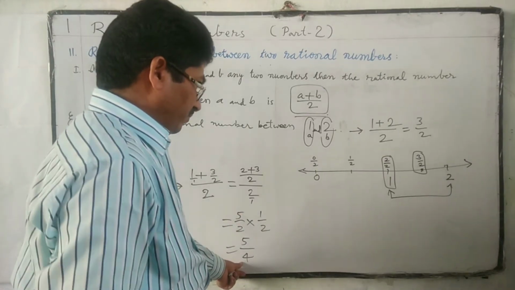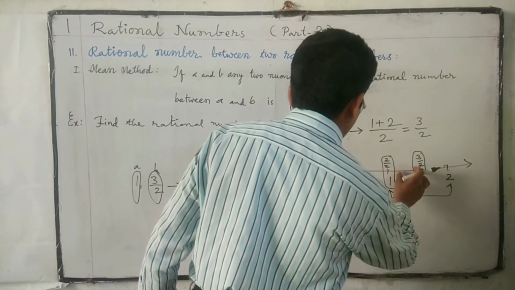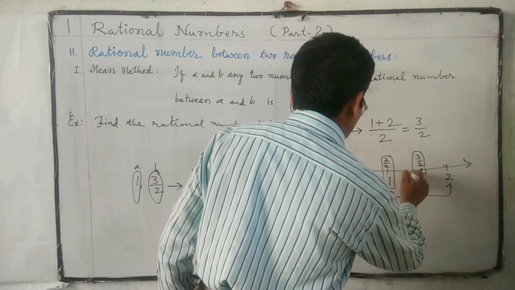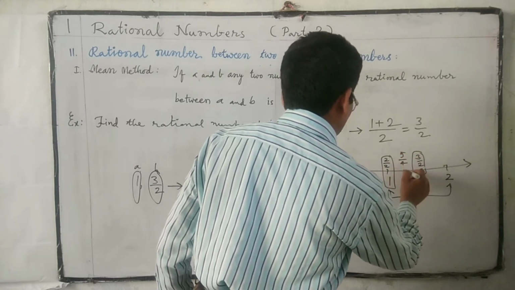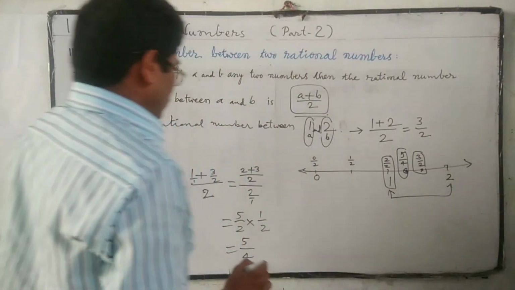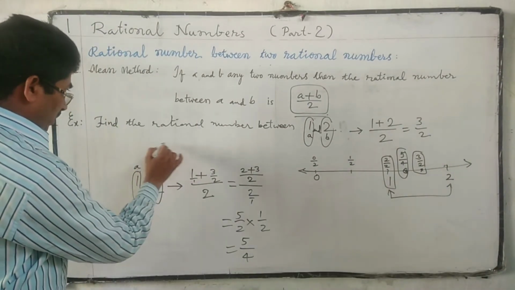So 5 by 4 lies exactly between 1 and 3 by 2.